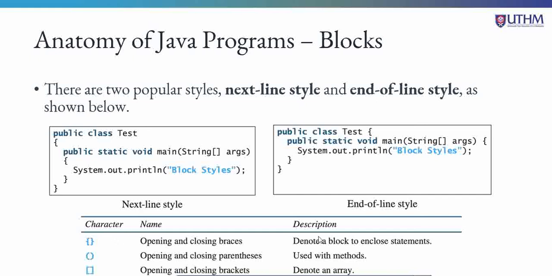The curly brackets denote a block to enclose the statements, and then you use the rounded brackets whenever you use a method.